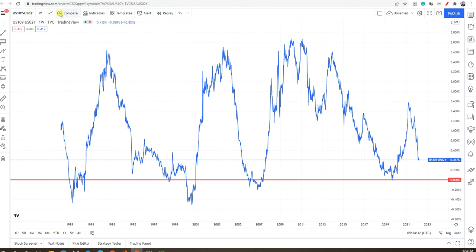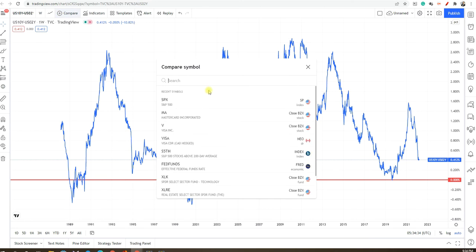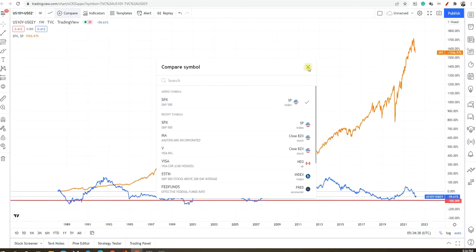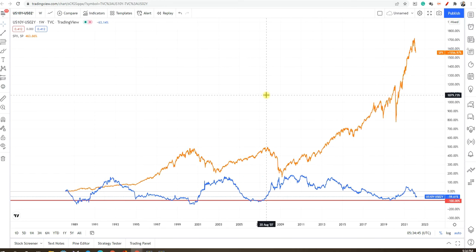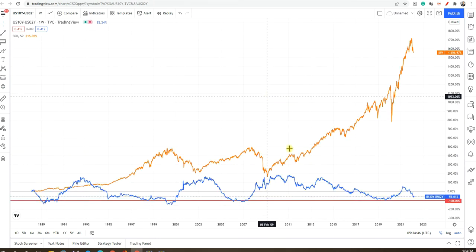Okay, for this, I'm going to compare this chart with the S&P 500. So let's see how the S&P 500 plays out against this chart. Let me zoom in a little bit. Okay, this is better. You see here is the year 2000, and this one goes down.